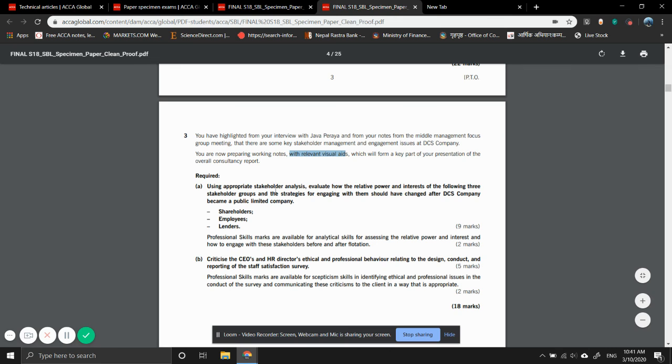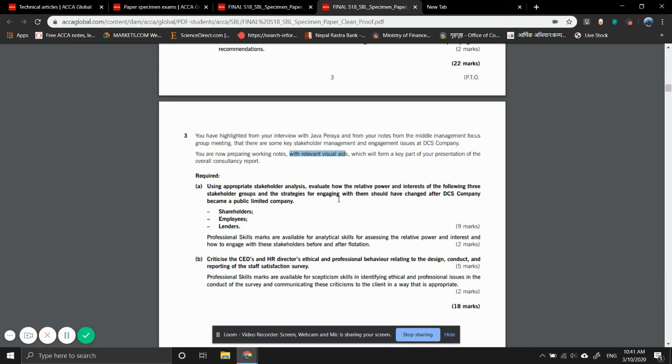Using appropriate stakeholder analysis, evaluate how the relative power and interest of the following three stakeholder groups and the strategies for engaging with them should have changed after DCS company became a public limited company: shareholders, employees, and lenders.